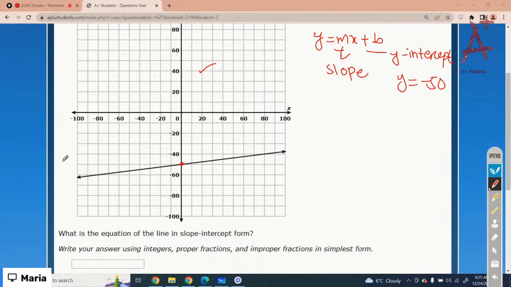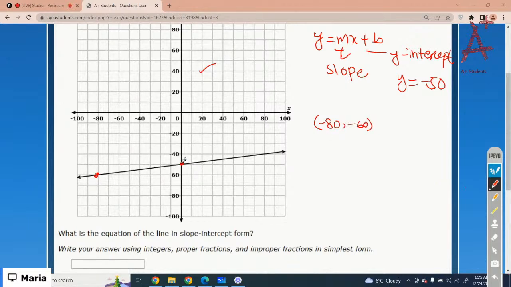And to find the slope of the graph, you have to use any 2 points on the graph. So I am using this point on the graph, x is negative 80 and y is negative 60.